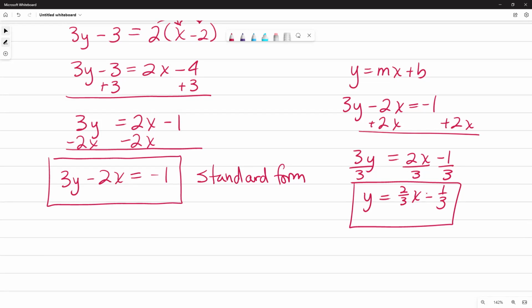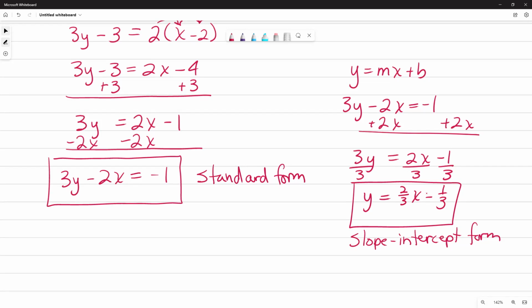We used the same point with the same slope, and we got the same linear equation. This is the, and I keep calling it both, slope-intercept form, because it gives you the slope and the y-intercept. I will also sometimes call it the y-intercept form.